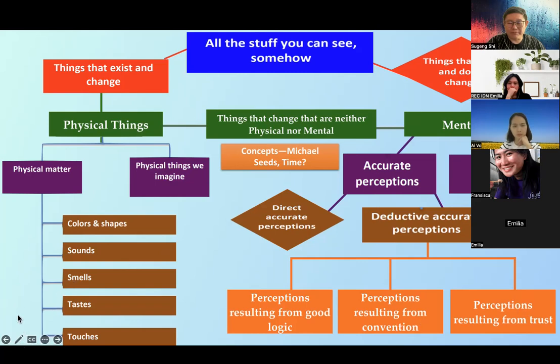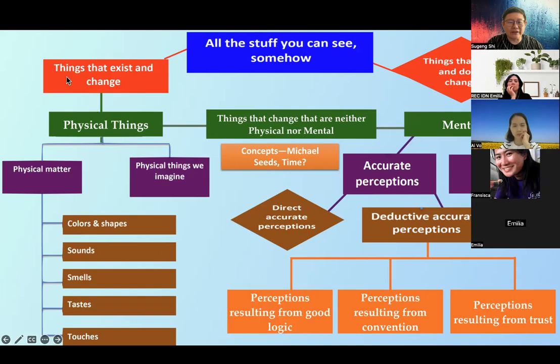We are not going to go through too much of this chart. In ACI 2, we are only going to give you some overview, but we are going deeper on this in, I think, ACI 13. But here just a quick overview. And of course, things that are neither physical nor mental are basically concepts, names, seats, time. Those are not physical and not mental.